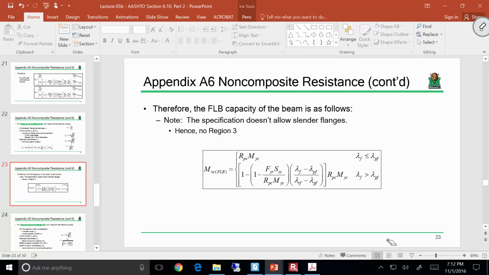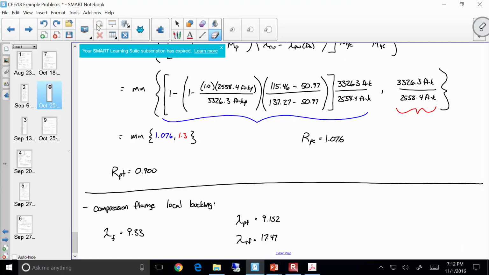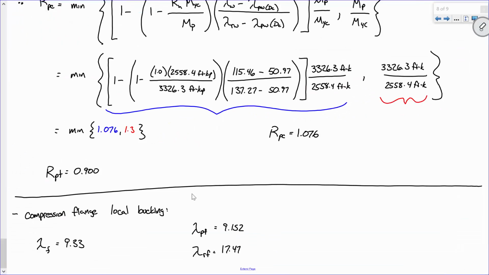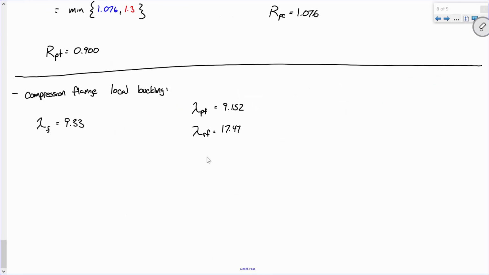All right. So with that, this is a pretty basic calculation now that we've got all the stuff that goes into it. Okay? So I propose we're in that second range, and therefore the nominal moment capacity in compression, and if you want to put flange local buckling to indicate we're looking at the local buckling capacity, is the following.